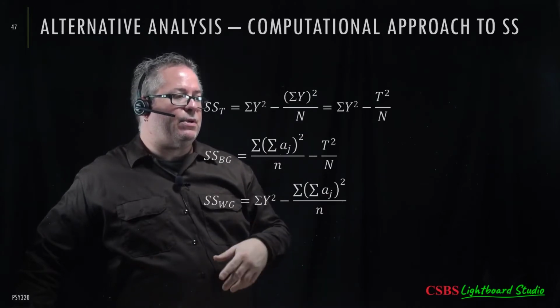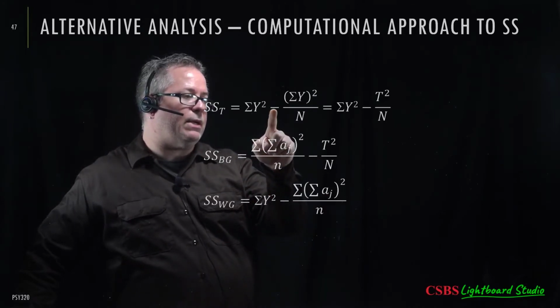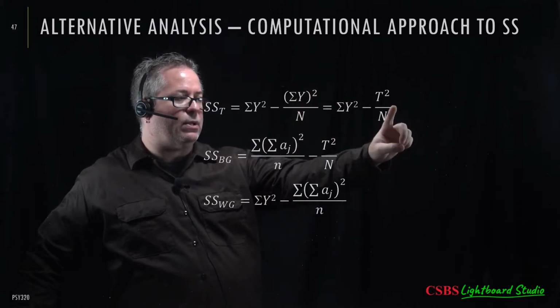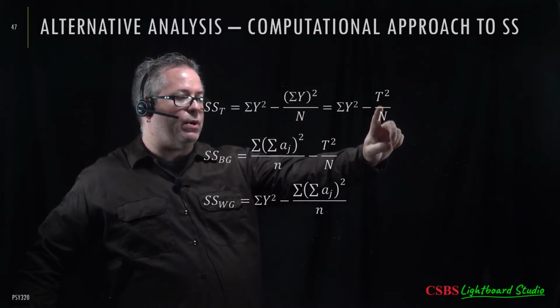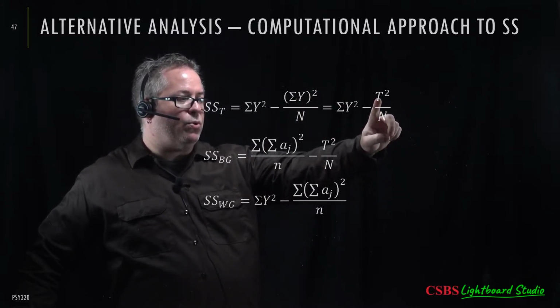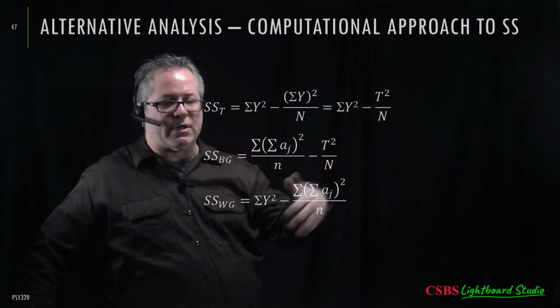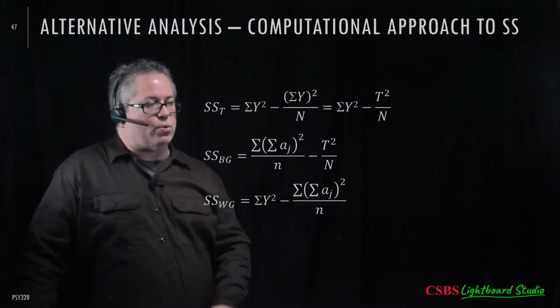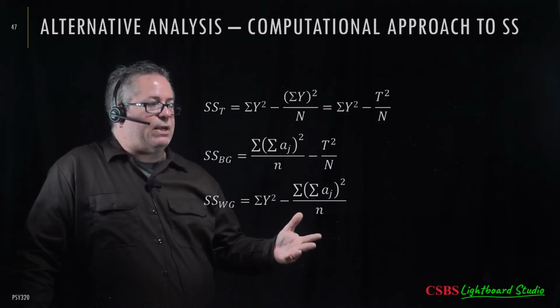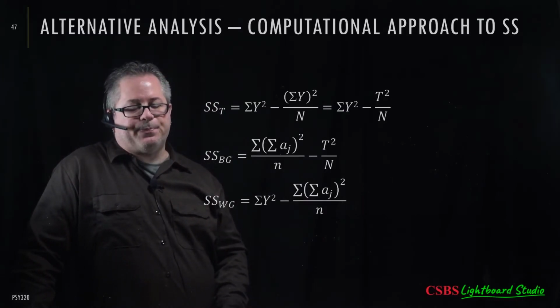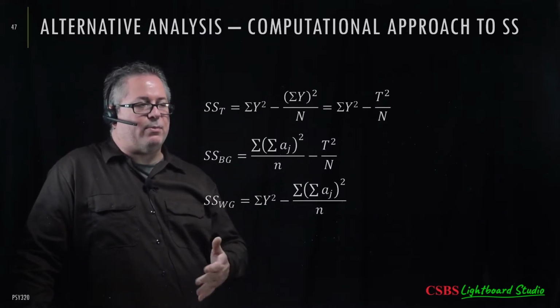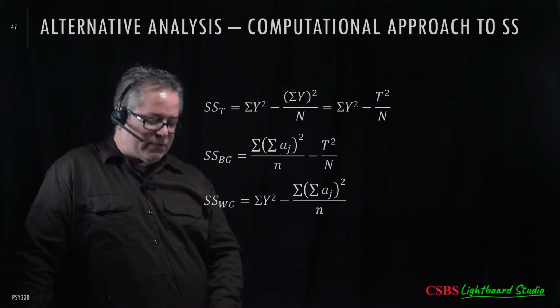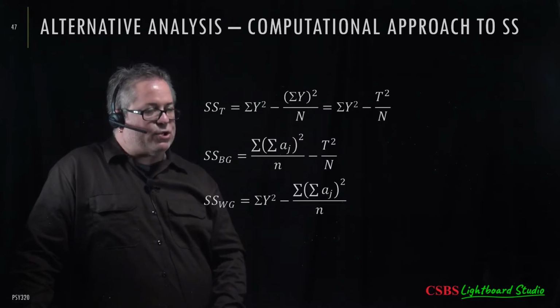So what I started to do instead was to say the sum of y squared minus the total squared over n. The total and the sum of y are the same thing: you just add up all the scores to get a total for y. I typically use that because it comes out better verbally, and when this is transcribed, hopefully it'll help differentiate.